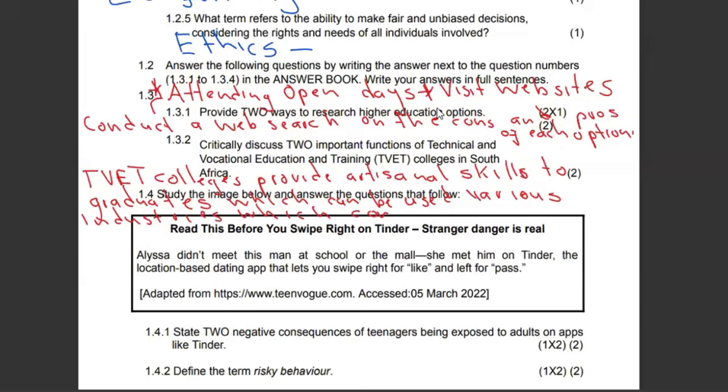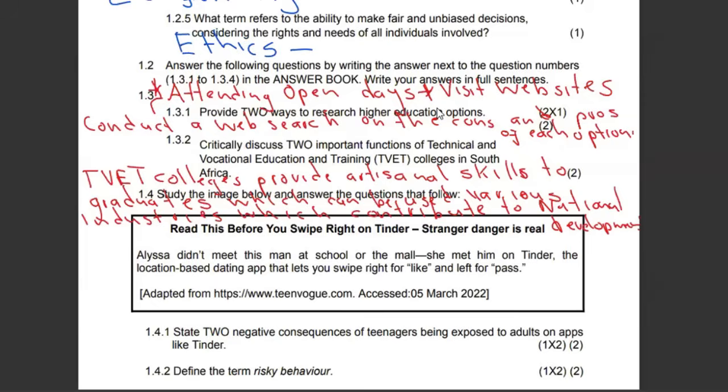So they produce engineers, they produce welders, they produce plumbers, which contribute to national development or to economic development. So the first thing is the provision of artisanal skills. Artisanal skills, we are talking about practical skills, which enable people to manufacture things and to complete projects.